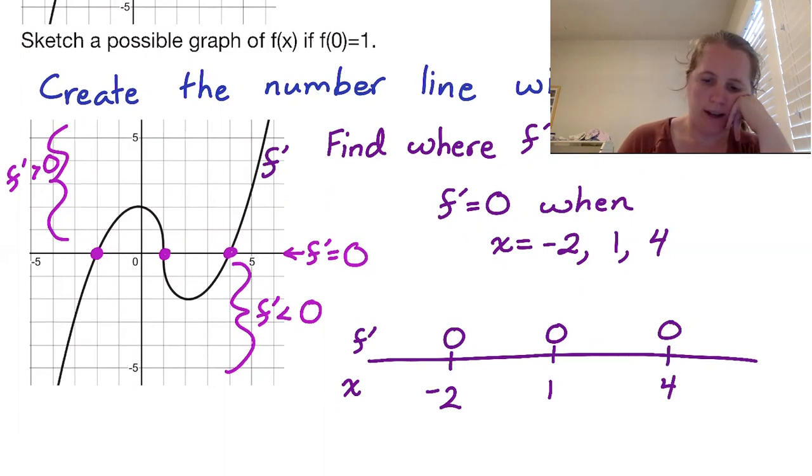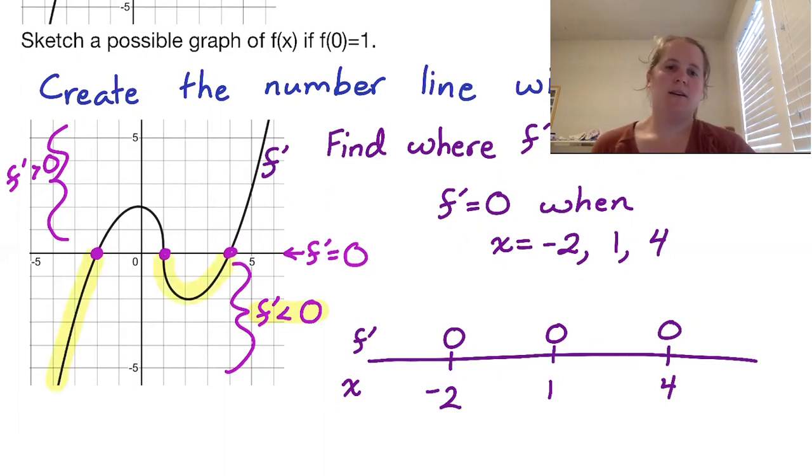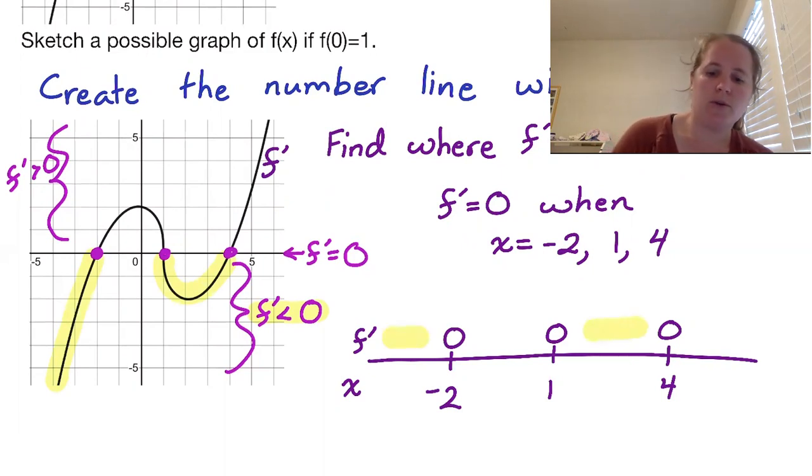Now, if we do a little highlighting for less than 0, we're looking at anything below the x-axis. So that's going to be before -2 and then between 1 and 4.